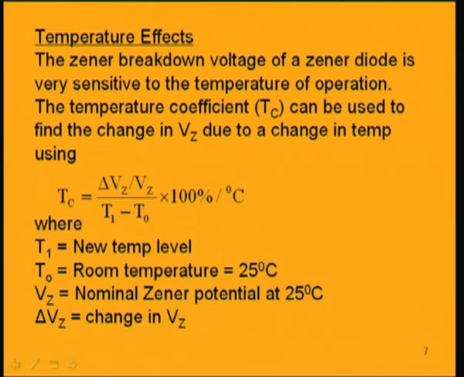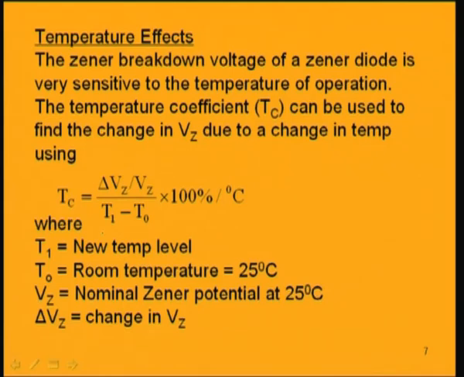So, what is this del Vz? This is the change in Vz due to temperature change. T1 is a new temperature level and T0 is the room temperature. Generally, this is the nominal temperature at which we do our calculations. This is 25 degree centigrade, room temperature is taken as nominal temperature, and at that temperature, 25 degree centigrade, the Zener voltage is Vz.